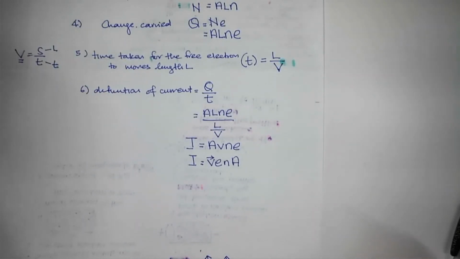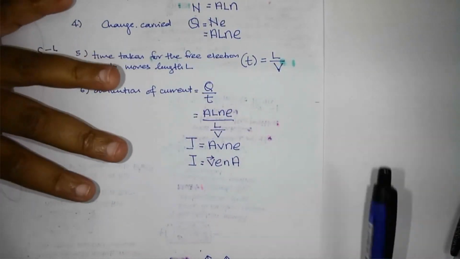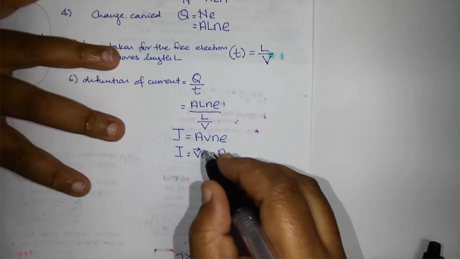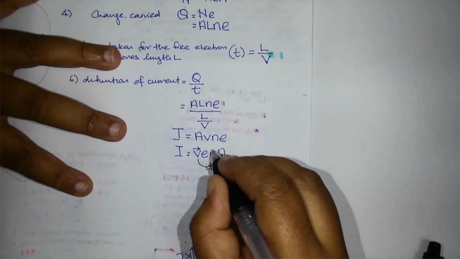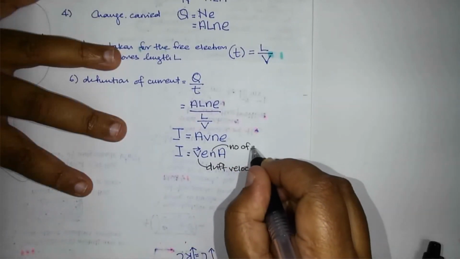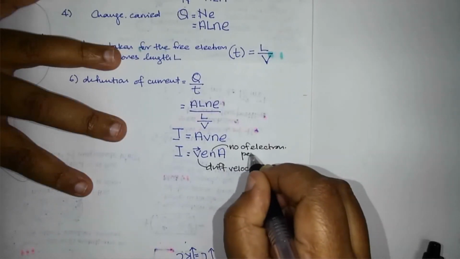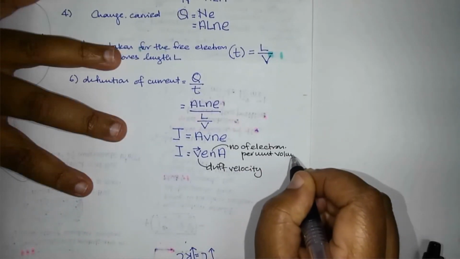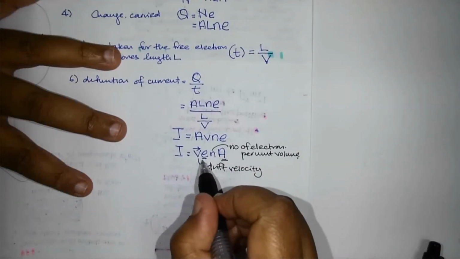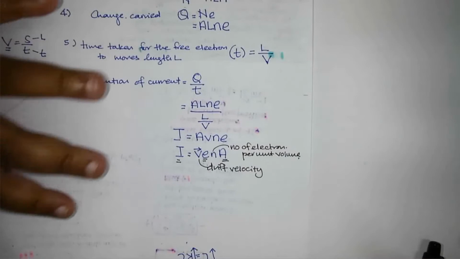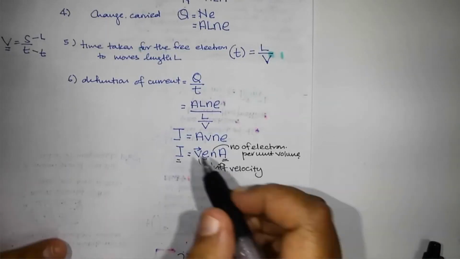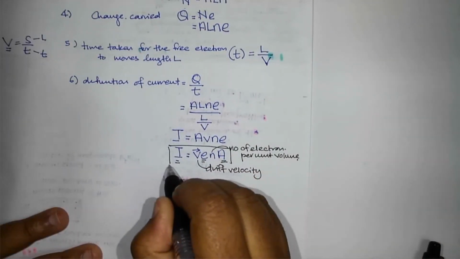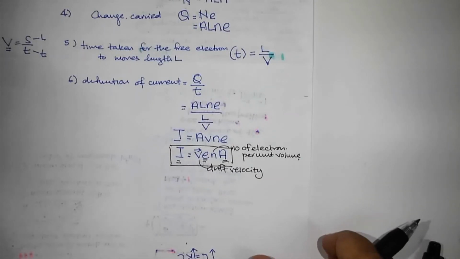Here v is the drift velocity, n is the number of electrons per unit volume, A is area, e is the charge of an electron, and I is the current that flows in the wire. This is the formula for the current in the circuit.